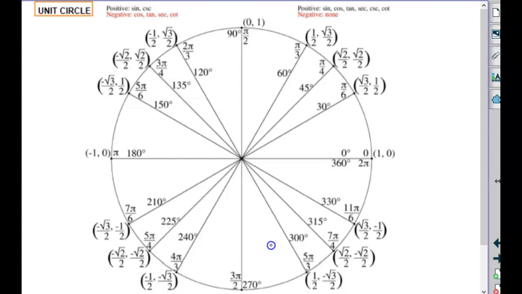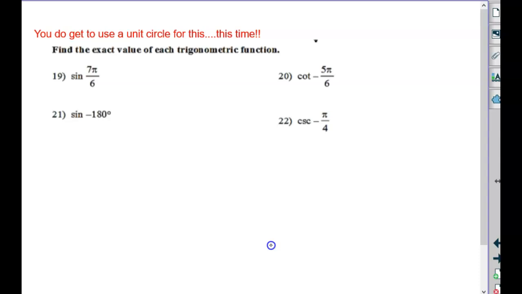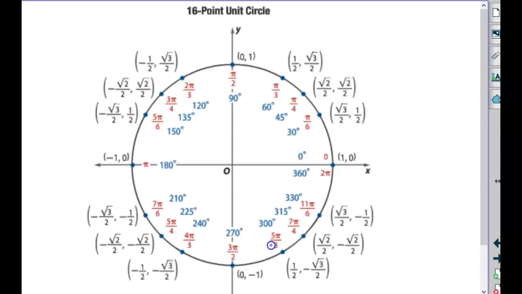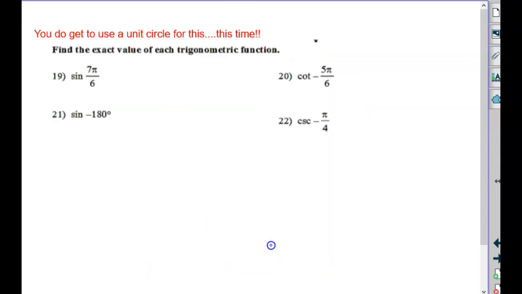All right, here's a picture of a unit circle, which you will have for doing these. I think this is why Xavier asked for these questions. You should be able to quickly go through and use your unit circle to find these values. What is the helpful piece of information?